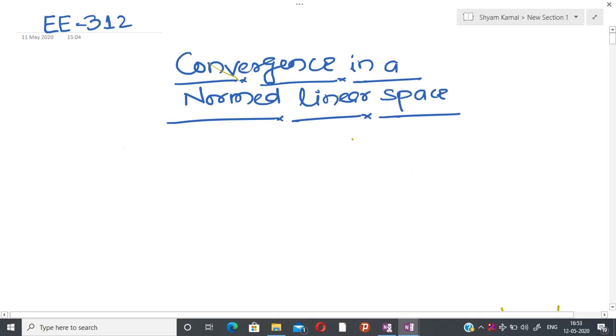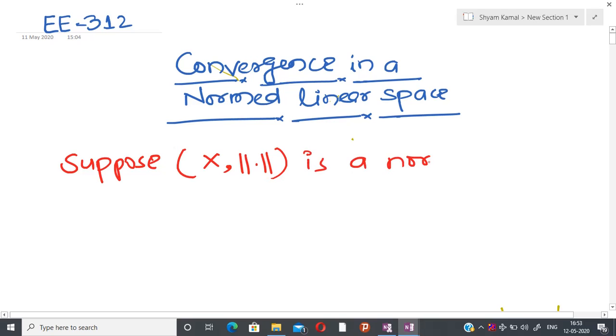Welcome back. In the previous class, I was talking about the relationship between normed linear space and metric space, and we have seen the following thing. Suppose we have some normed linear space, so here X is a linear space together with this norm.